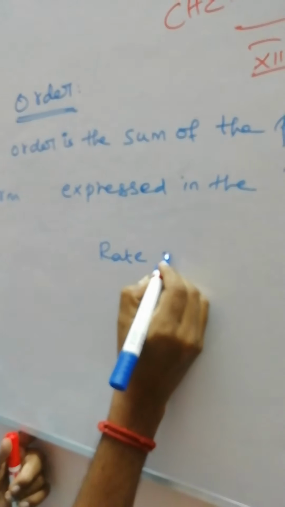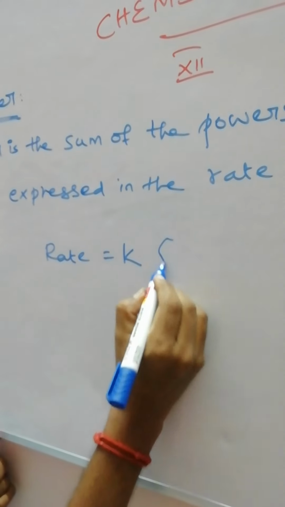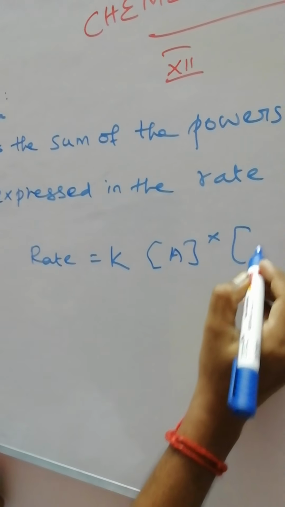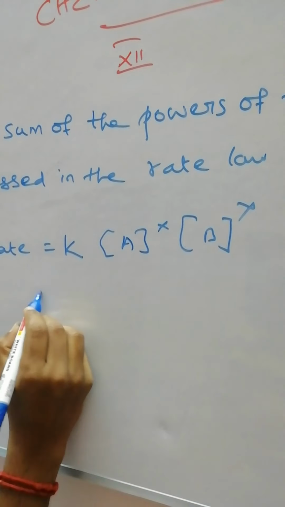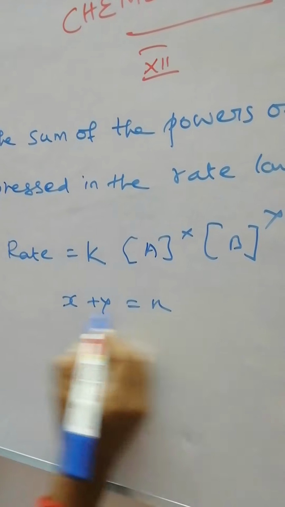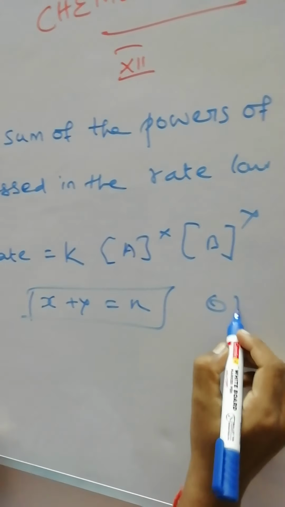See, rate equals rate constant K into A power X, B power Y. The X plus Y is equal to n. This is called the order of the reaction.